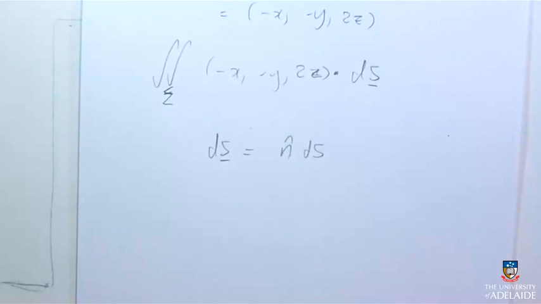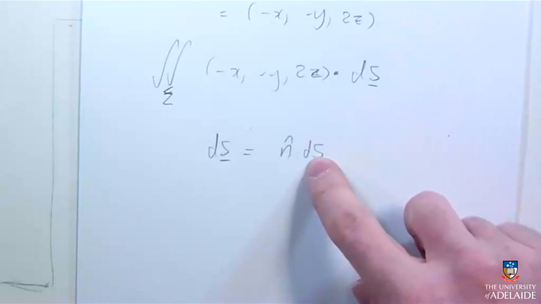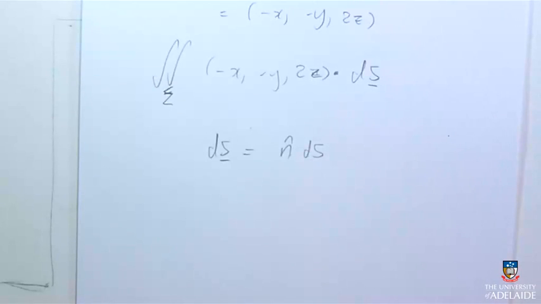And parameterizing the surface will also give me a way of figuring out how big this little dS is. At the moment it's just this nondescript, very small area, which is not really described in any useful way. I presume that in every one of those little rectangles there's a little vector which describes the x-axis and a little vector which describes the y-axis inside that tiny little square on the actual surface.